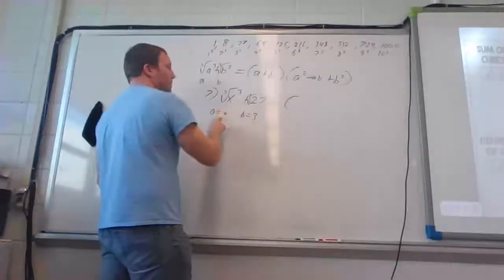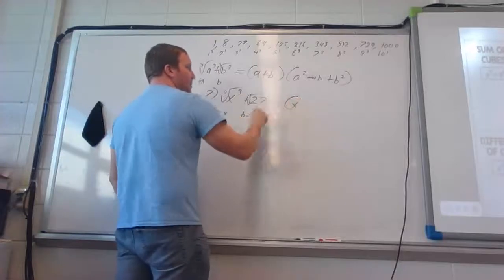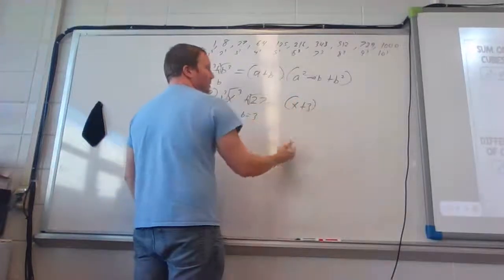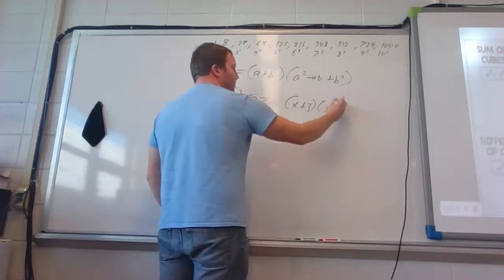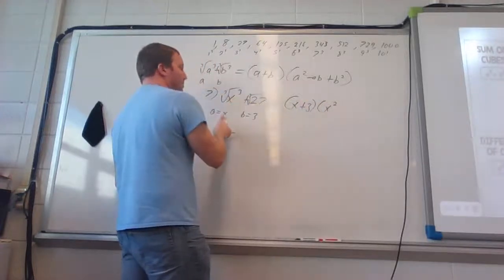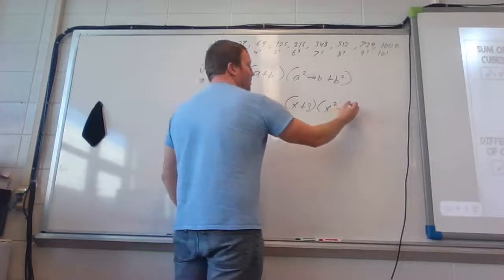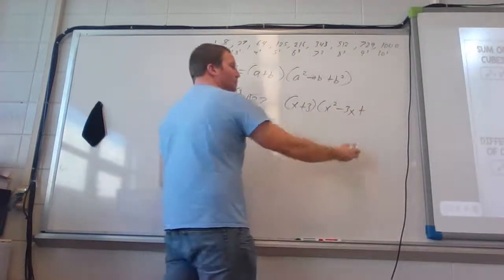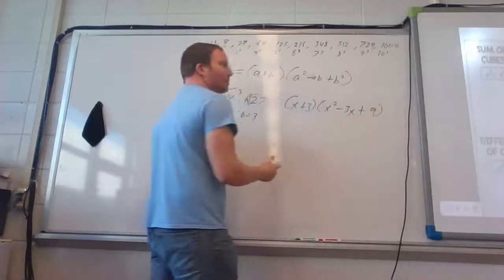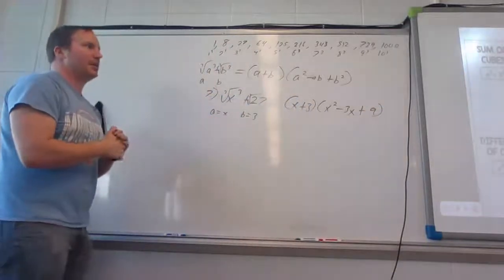So x plus 3, and then a squared, x squared, minus ab, so 3 times x, plus b squared, or 9. So 3 squared is 9.